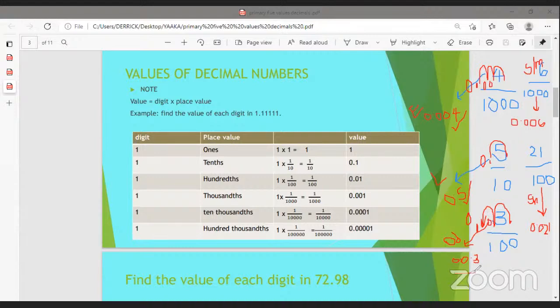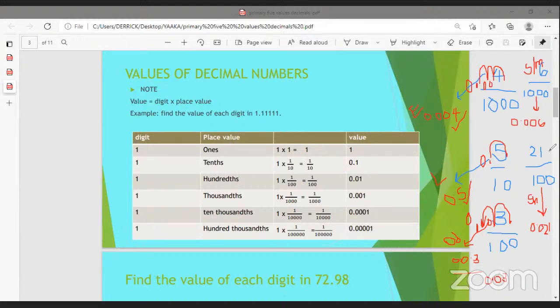So Odwin's answer is supposed to be 0.03. Odwin, have you seen this? Yes, teacher. Now, have you got how to move? Yes. Okay, you're going to try out another number, that is 3 out of 1,000. You're going to try it out again and see whether you've got it well.